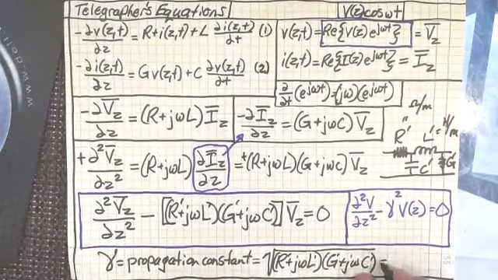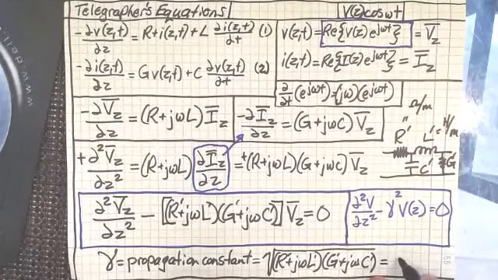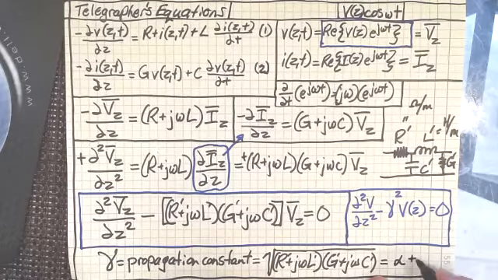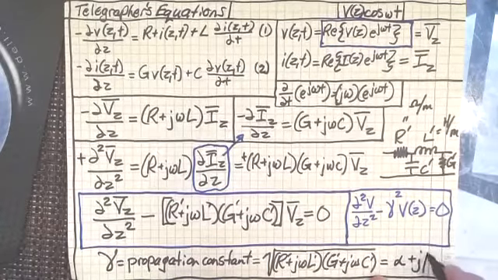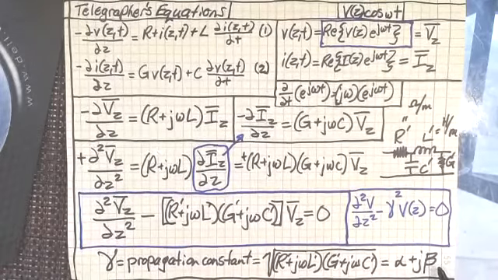It also implies it's a complex constant, and it's made up of two parts: the attenuation constant, alpha, plus the phase shift constant, beta. We'll talk a lot more about this, but alpha is the attenuation constant, beta is the phase shift constant.